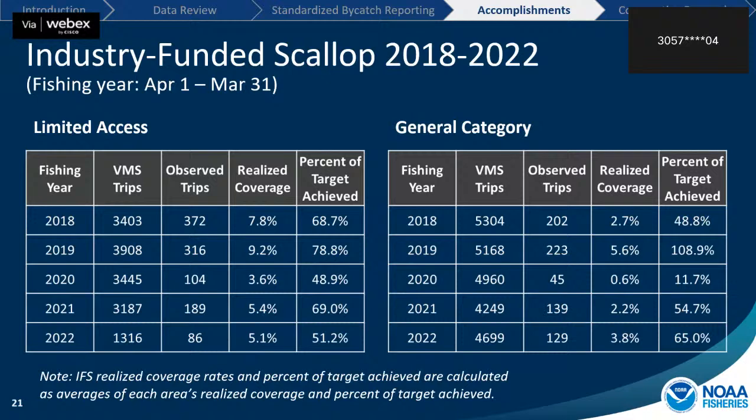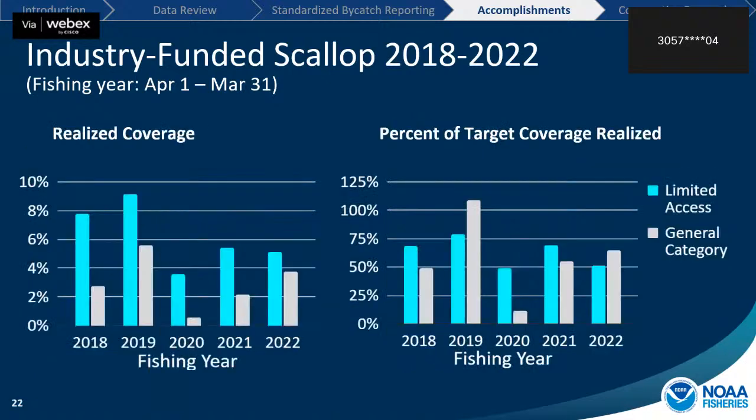Next slide, please. This is just showing it in a different way with these tables. So again, the blue is demonstrating the limited access. The gray is the general category fleet. And you can say, generally speaking, our realized coverage levels tend to be a little variable, but not too much.